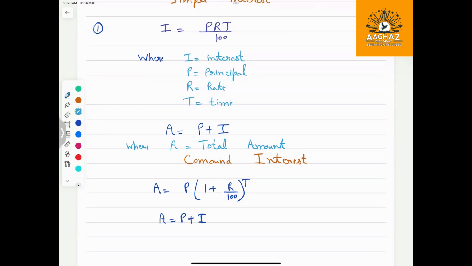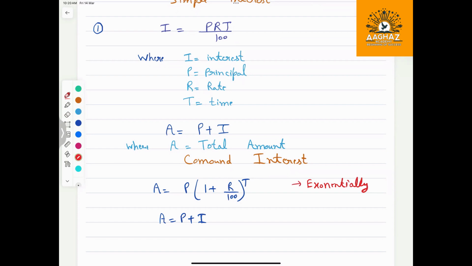After this, there is something very interesting. When do you use the compound interest formula? We will use the compound interest formula when we have words in the questions like exponential, exponentially.